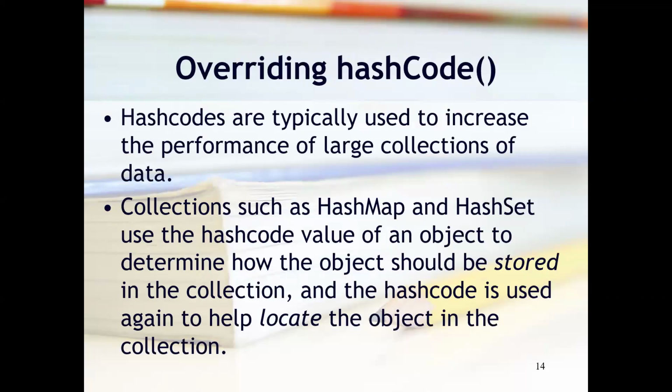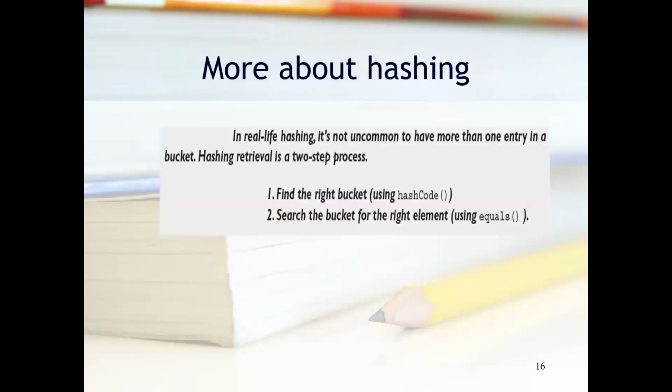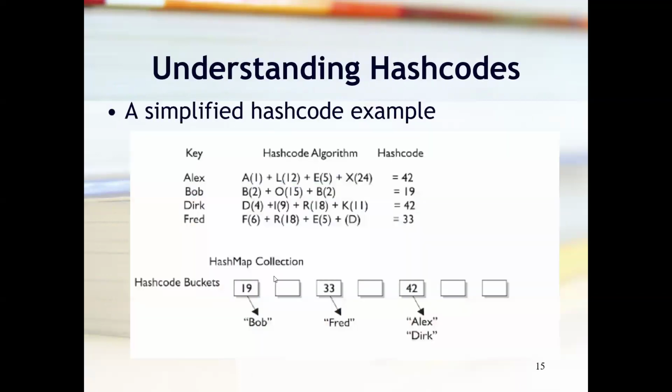Now, the hash code. Hash codes are typically used to increase the performance of large collections of data. The JVM will generate a hash code for every object you create. Now this is another example. For these keys, Alex, Bob, Dirk, and Fred, based on the alphabetical letters, it generates a hash code.